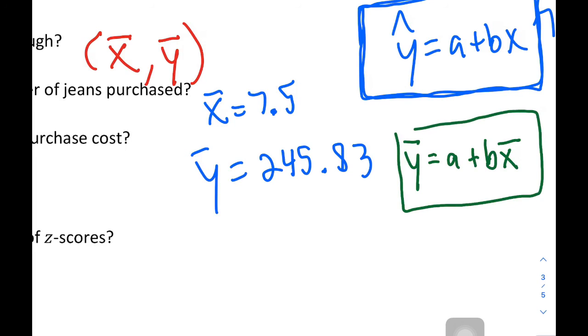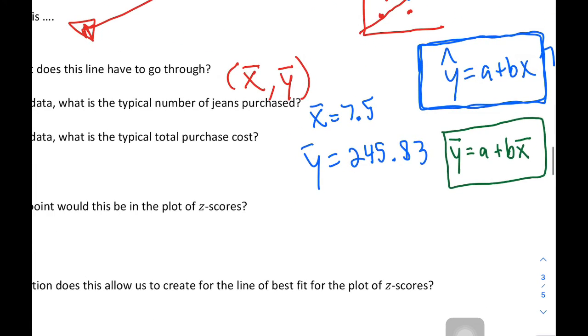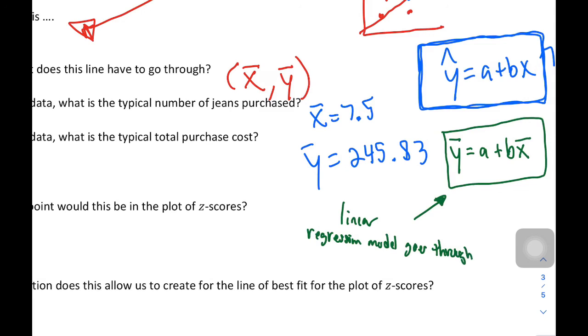And this is an equation that you'll see, both of these you'll see on your formula sheet at the end of the year. And all this means, guys, is the fact that we have a linear regression model that goes through the point x bar, y bar.